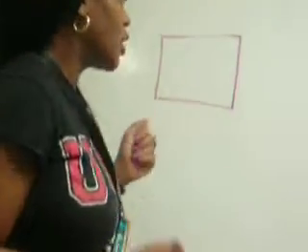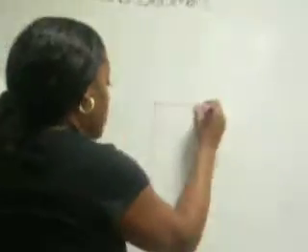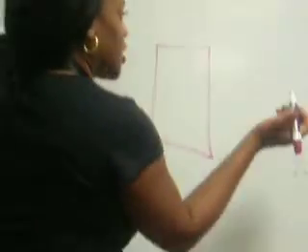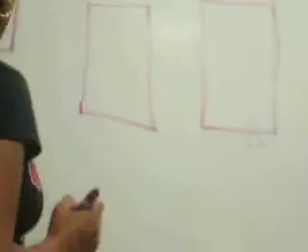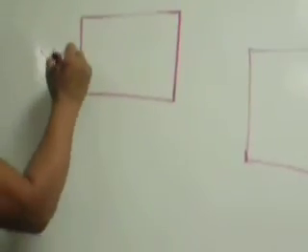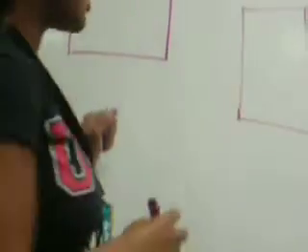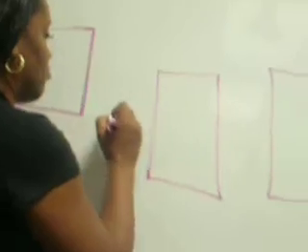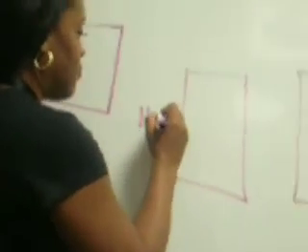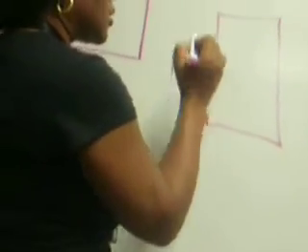You also have a rectangular-shaped garden, and another rectangular-shaped garden. Let's say, for right here, the size will be 8 and 2/10. The size right here will be 11 and 43 hundredths.